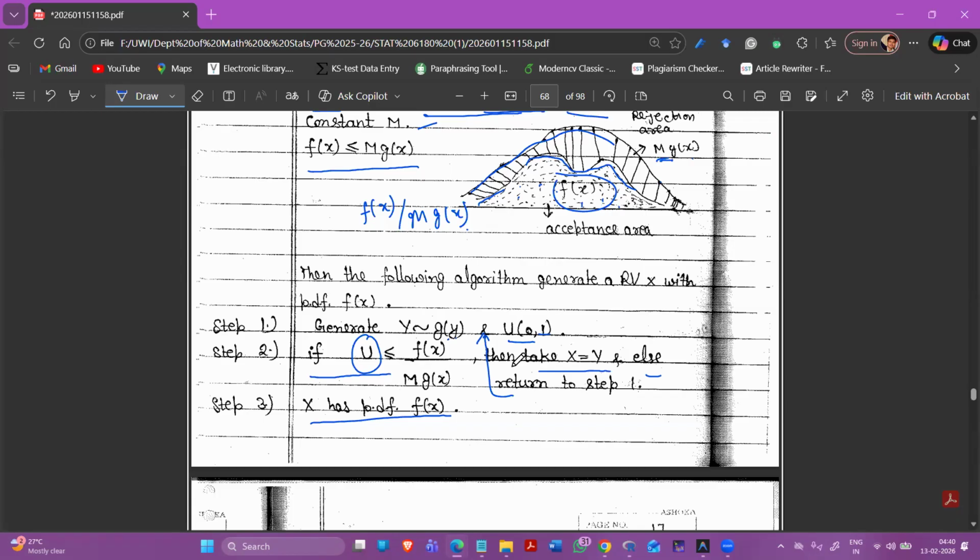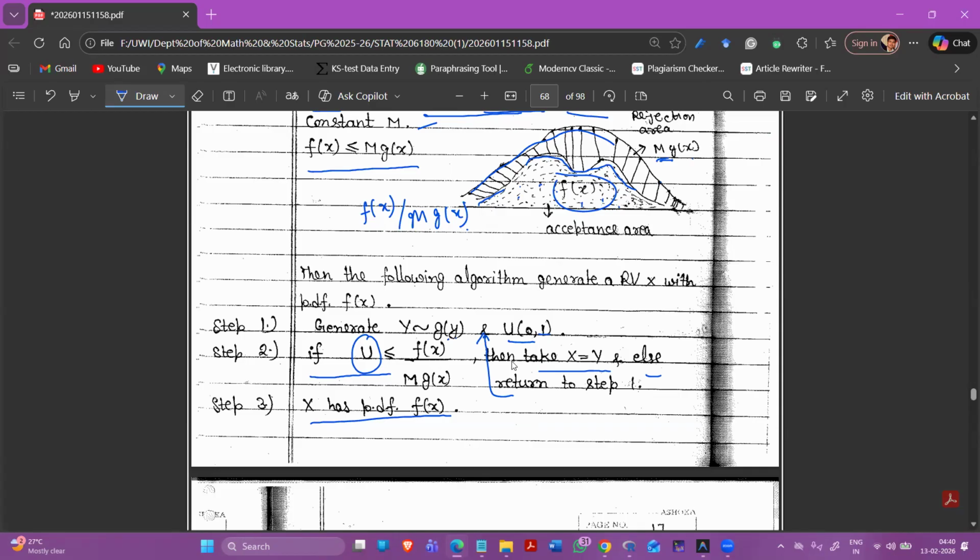So I need to generate 100 observations: 100 observations of u from the uniform distribution and 100 observations of y from the gy.